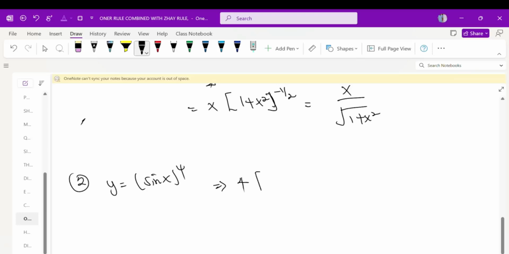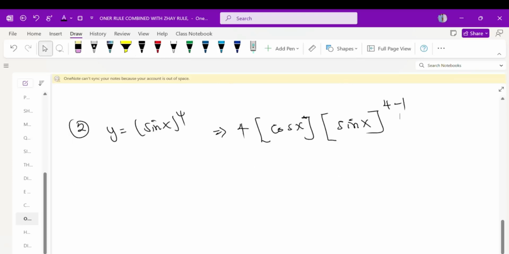Okay. We'll differentiate what is in the bracket. When you differentiate sine x, you're going to get cos x. So you're going to get cos x. Then we write our function given to us. Then we subtract 1 from the exponent. Okay. So this is going to give us 4 cos x sine x to the power 3.